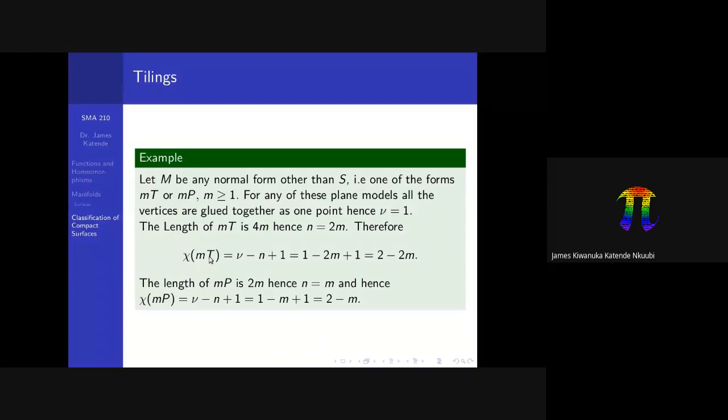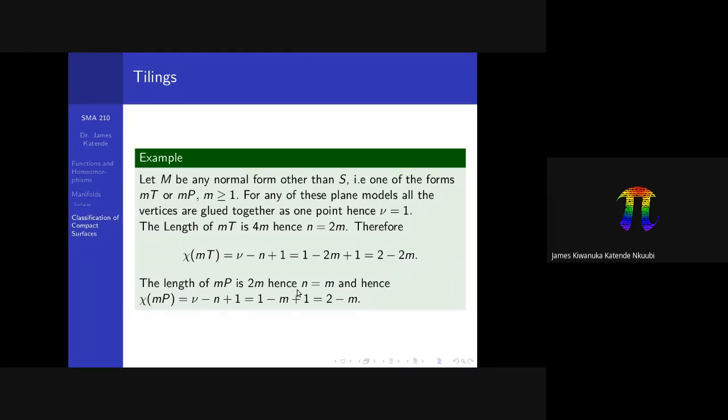So we can then compute the Euler characteristic of MT as the number of vertices minus the number of edges plus 1. But we know that the number of vertices will be 1. The number of edges will be half the total number of labels. So we have 1 minus 2M plus 1. We end up with the Euler characteristic of MT as 2 minus 2M.